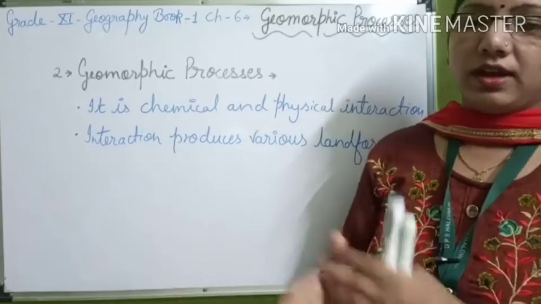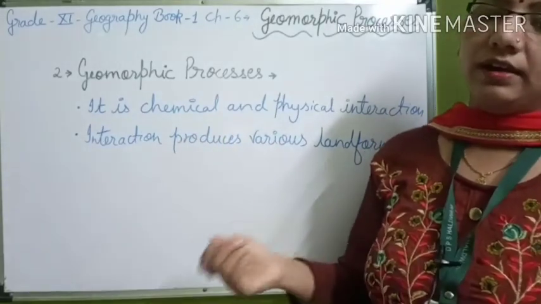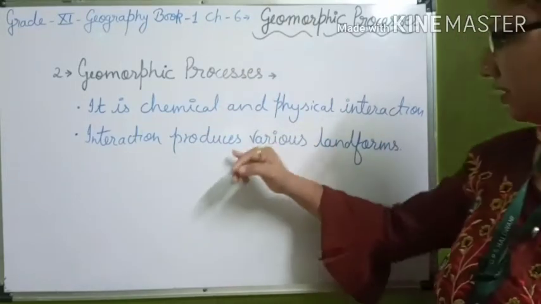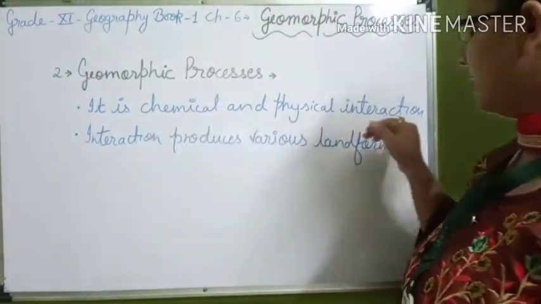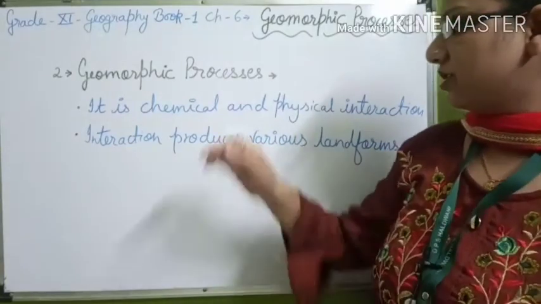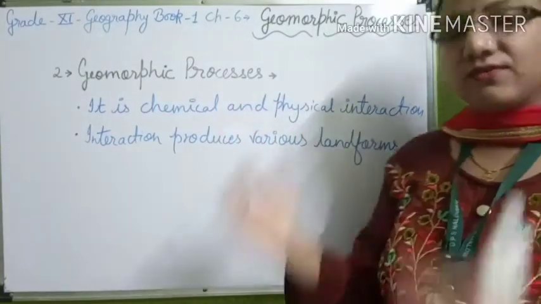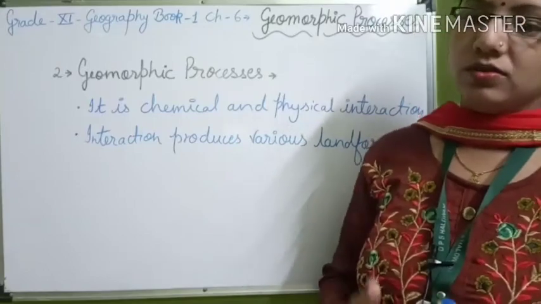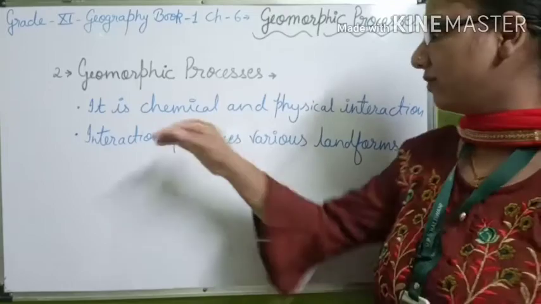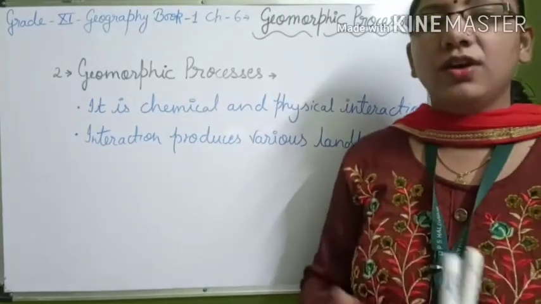This interaction on the earth surface, that is chemical and physical interaction, produces various types of landforms. So different landforms are produced by this chemical and physical interaction, which we will see in our upcoming videos.